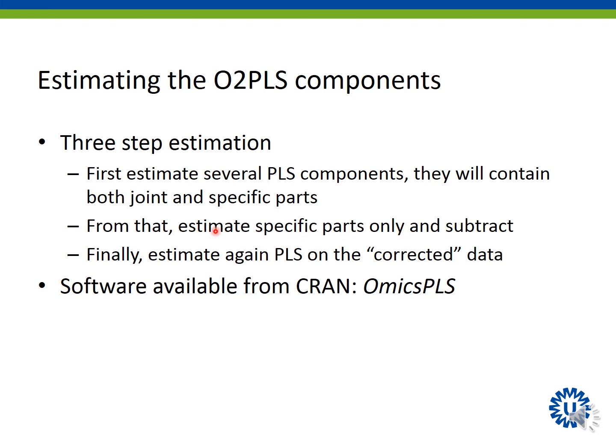How exactly you do that is part of the technicalities that I didn't mention here. And finally, because now you know the specific parts, you subtract that from the data and you estimate with PLS again to obtain only the joint parts, because the specific parts are filtered out.